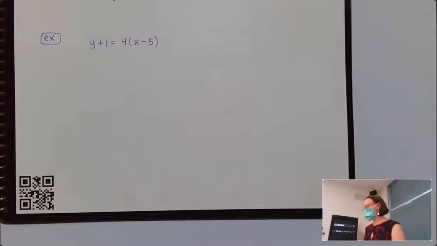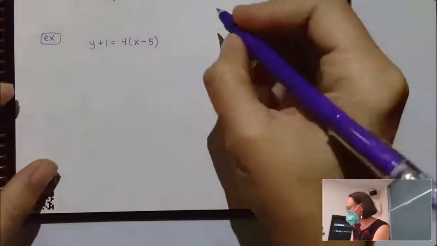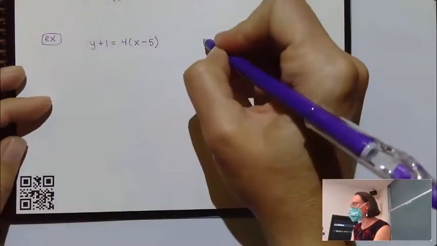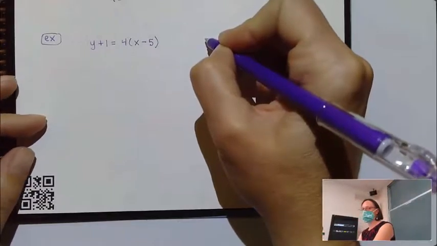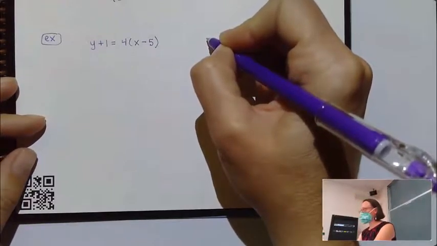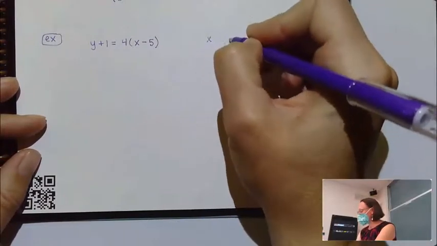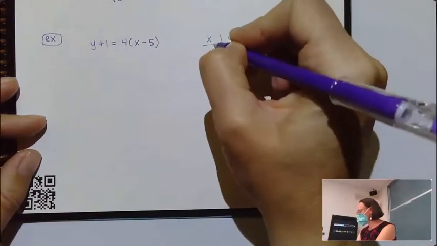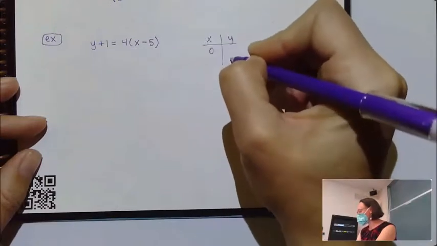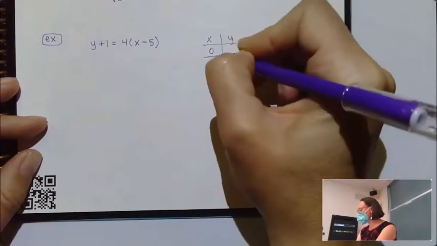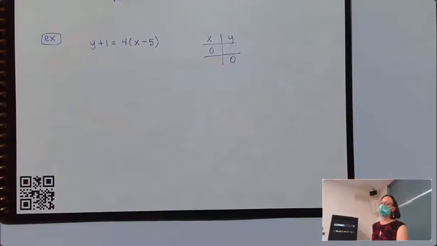Anyone want to be brave and tell me what they got for X or Y intercepts? By the way, I don't do this a lot, but the book often draws tables of numbers to track X and Y values.